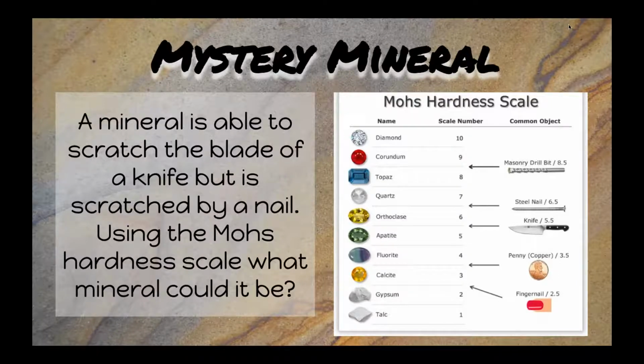So if you looked at the Mohs hardness scale using the common objects and the clues I just gave you, there would be one mineral on the hardness scale that would fit that description. So I'm going to let you figure that out yourself. And that is all I have for you. So thank you. I hope to see you at our next field trip.